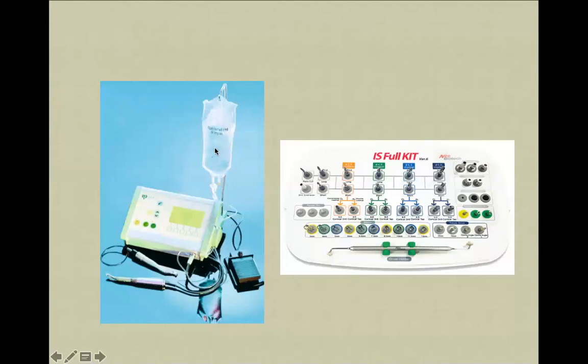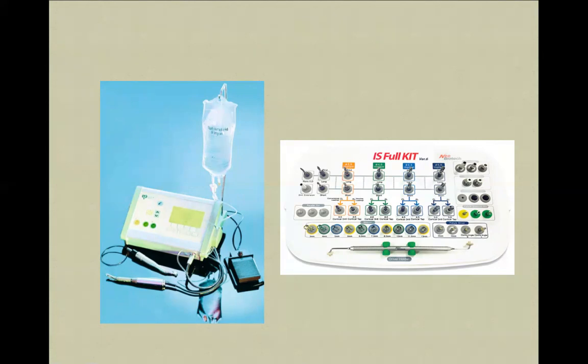So this pump will pump the sodium saline solution, 0.9 saline solution, to cool down the drills. And this saline solution should be absolutely cold. You have to store it inside a fridge, and that's very important because the normal temperature inside a body is somewhere 37.2, 37.4, something like that, around 37.